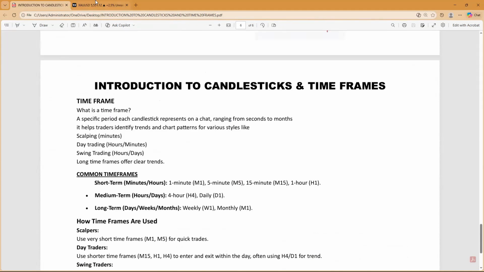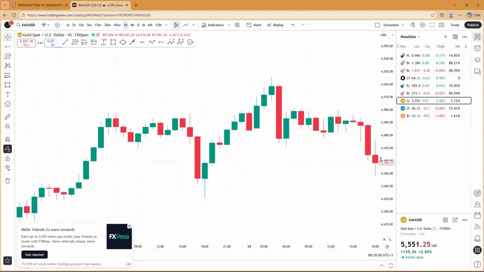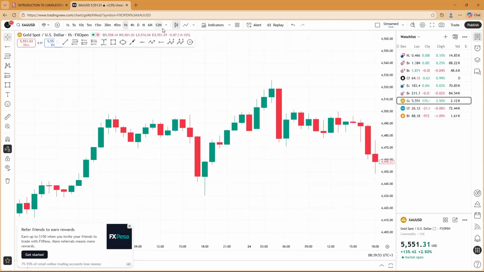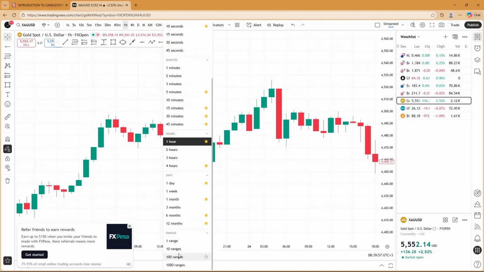So let's see that in our chart. This is our time frame here. All these are the time frames you might want to use. We have 10 range, 100 range, 100,000 range, one range. This is like a year. We have months, days, weeks, hours, 4 hour, 3 hour, 1 hour.